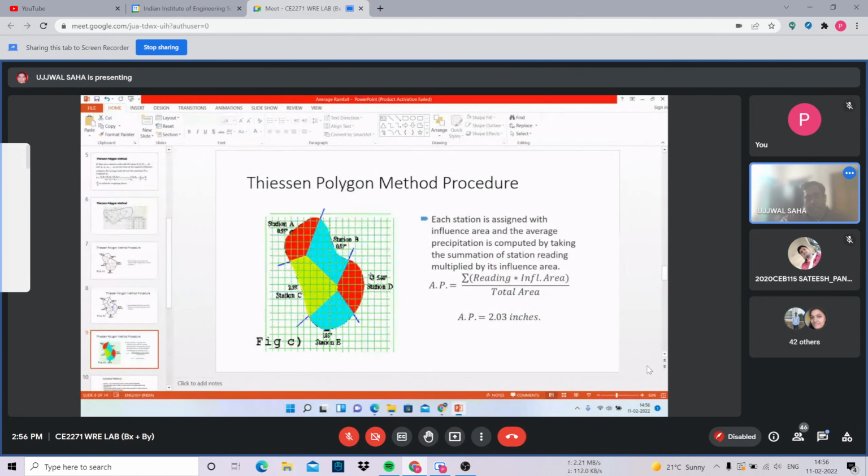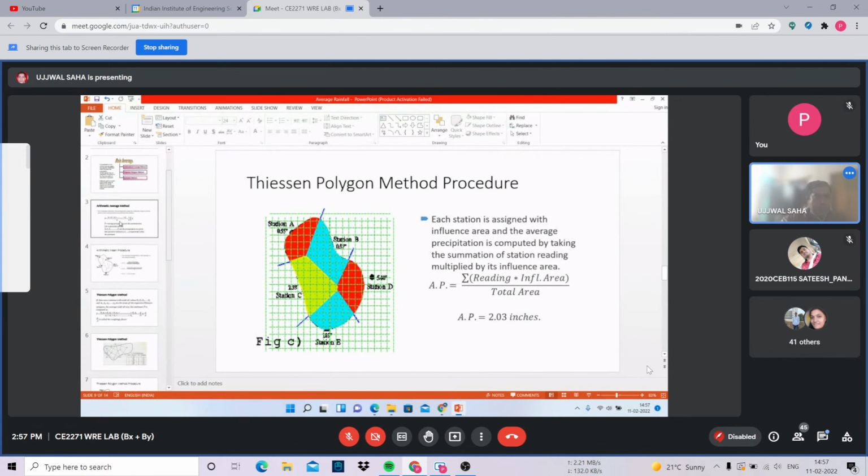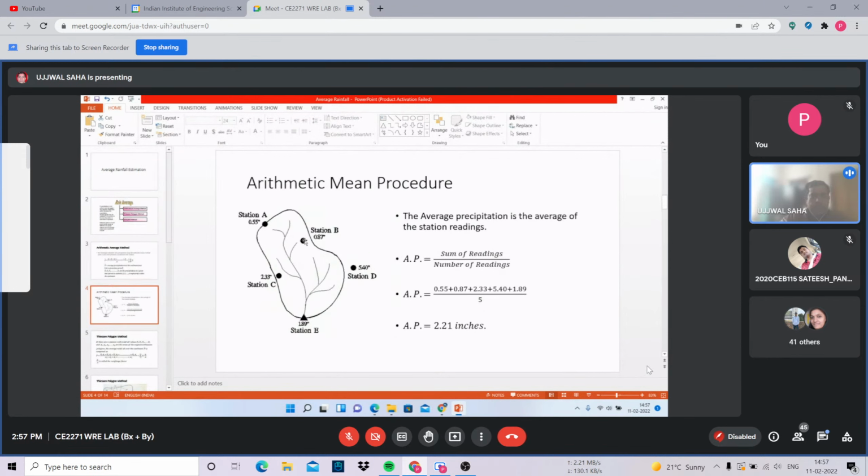When we calculate the mean value of that catchment, maybe we can consider station B, which may be inside this catchment. But I hope station B is also outside, is it not? No, station B is inside.